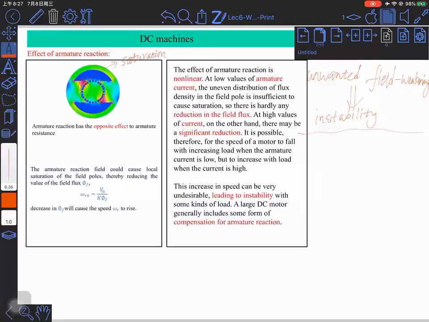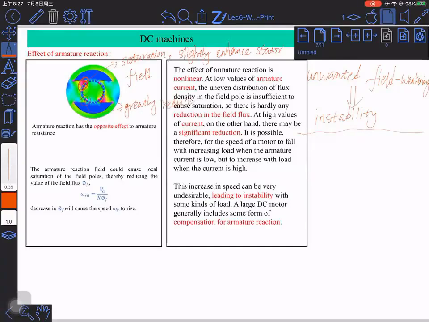But with magnetic saturation, with the presence of the rotor magnetic field, you can only slightly enhance, or strengthen, the stator magnetic field. But when you reduce the stator magnetic field, you can greatly reduce it, because when you reduce the magnetic field, it is not subject to saturation.